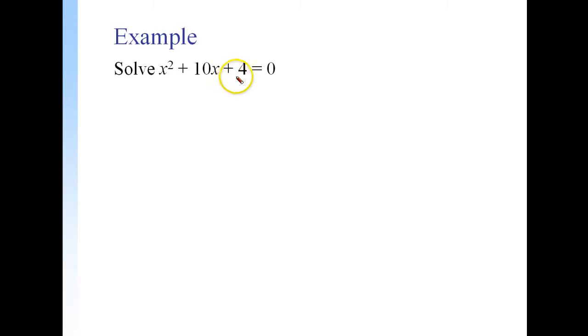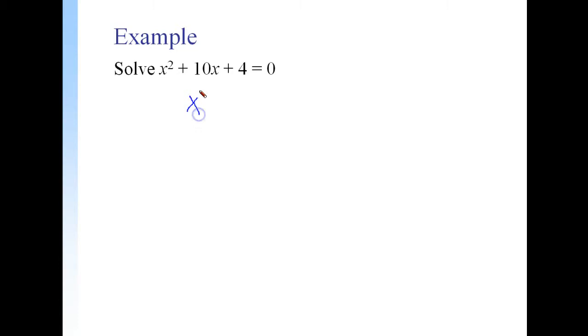But there is a method called completing the square, in which we look at our A term, which is a 1, our B term, which is a 10, and our C term, which is a 4, and we follow this procedure. They'll give you a summary here shortly.